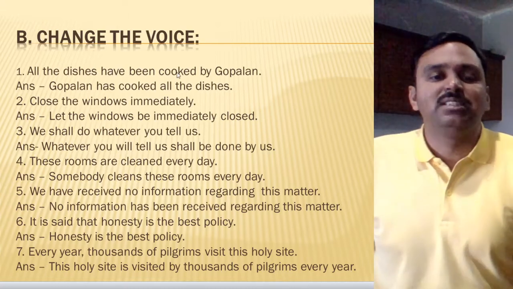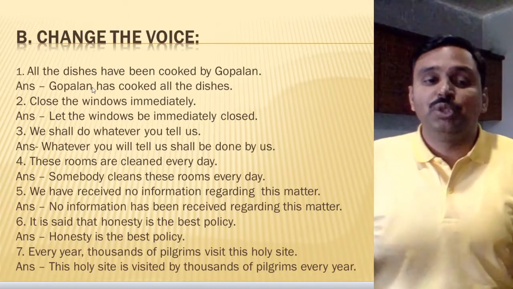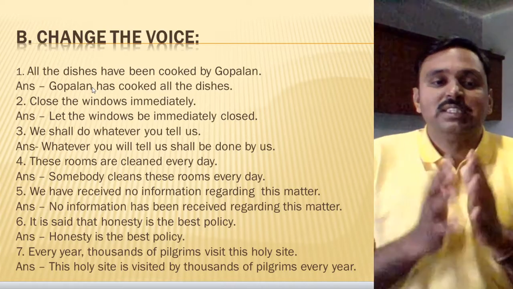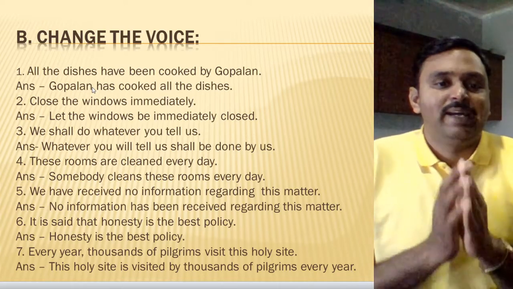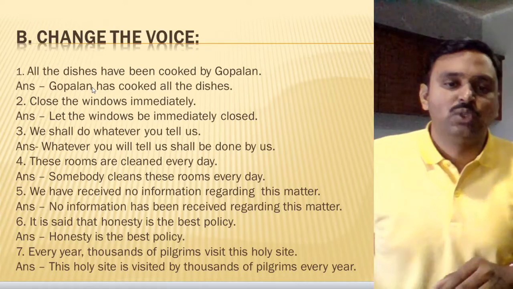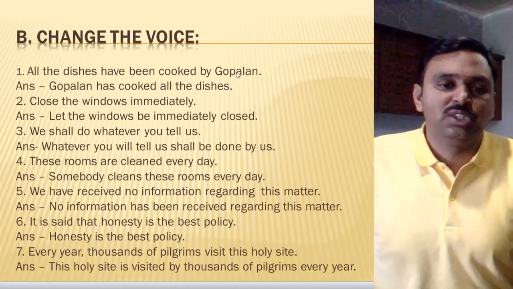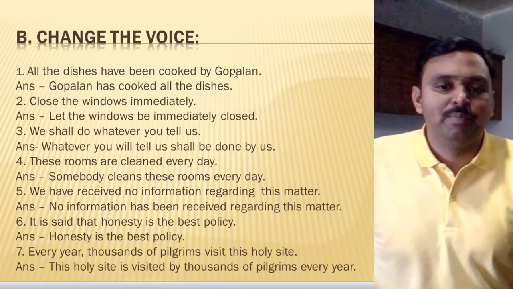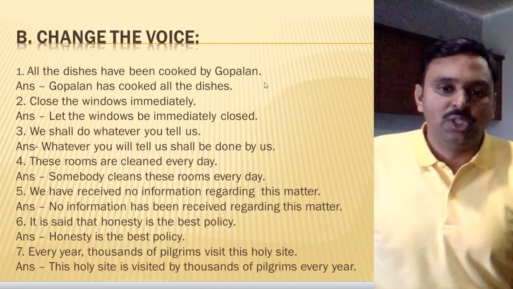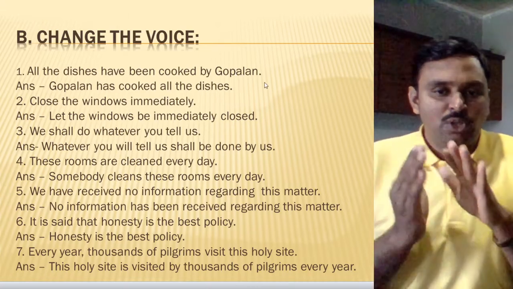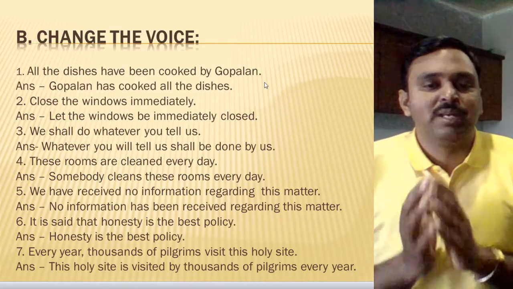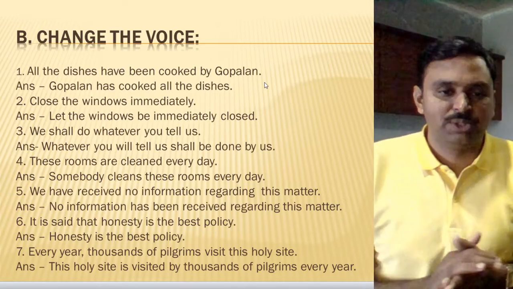Now we need to change into active voice. So you know it very well, in the active voice the subject is very important and taken first. So here Gopalan, which is the object in the passive voice, will become the subject. Don't miss this process. The object in the passive voice becomes the subject in active voice.